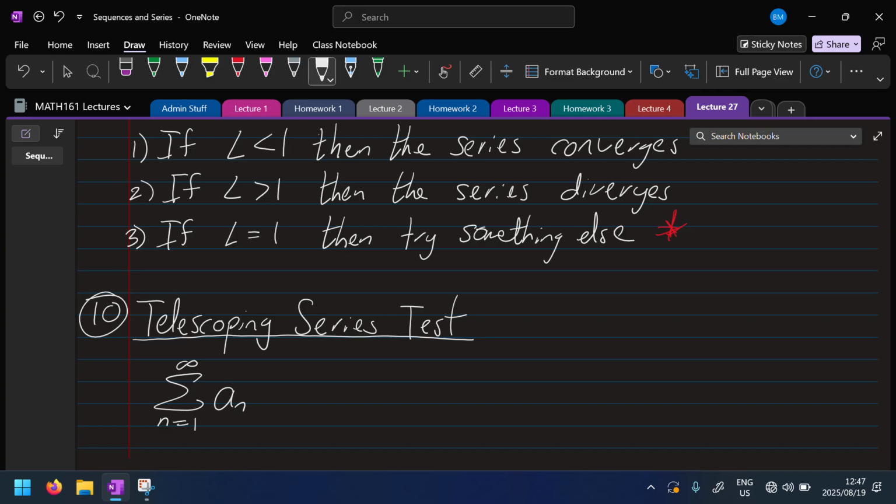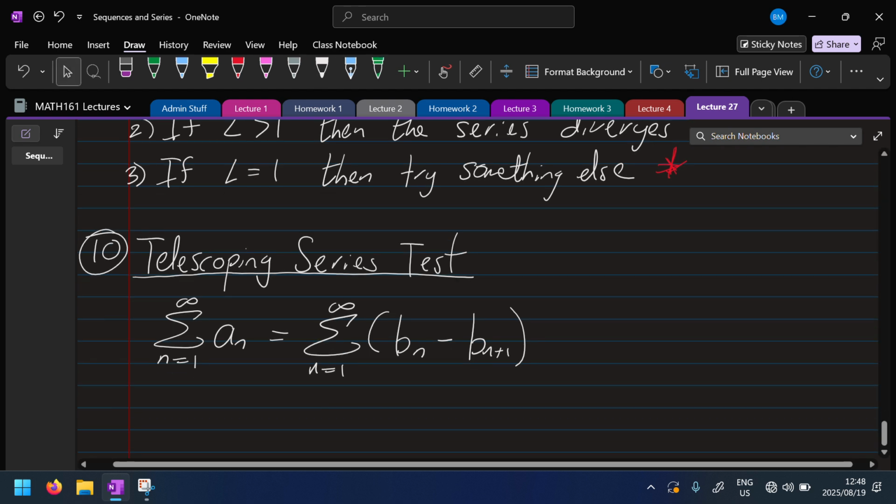If we can write the series in the following way, then we know that it is convergent. If we can write this as the sum from n equals 1 to infinity of b_n minus b_(n+1), so instead of a_n, we write it as b_n minus b_(n+1).